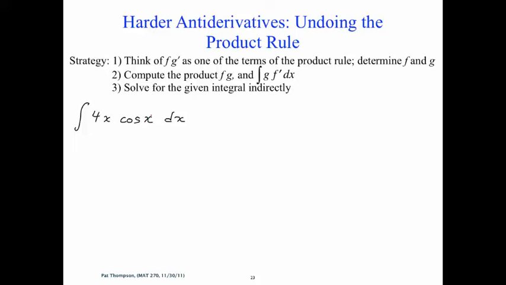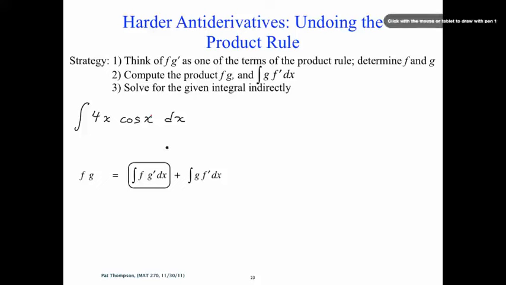We're going to think about this integral as this right here. And we're going to figure out, so what do we want to do? We want to figure out what f and g are, and then solve the easier, hopefully the other integral, g f prime, is easier.